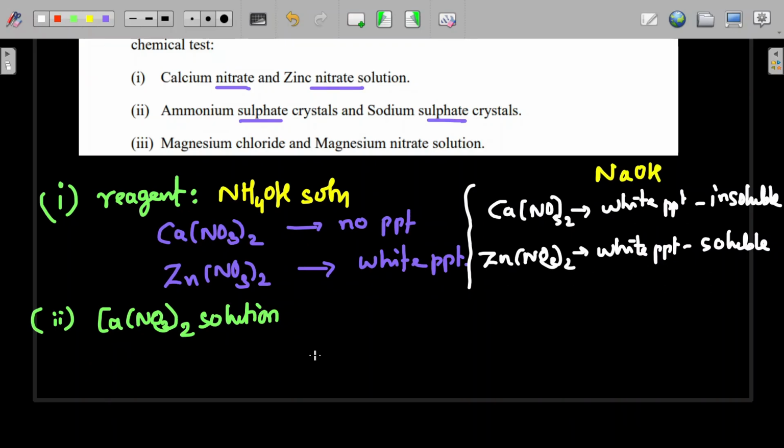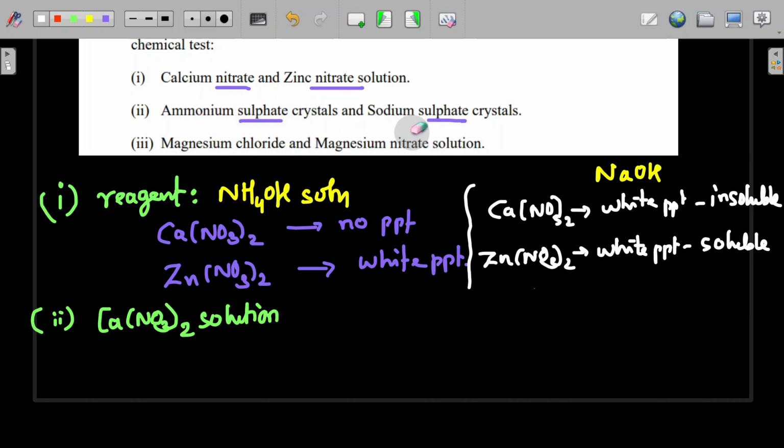Ammonium sulfate, (NH4)2SO4 solution, with calcium nitrate solution, no precipitate. Sorry, one second. Here you can't use this. Why? Because this is not NH4OH and NaOH.